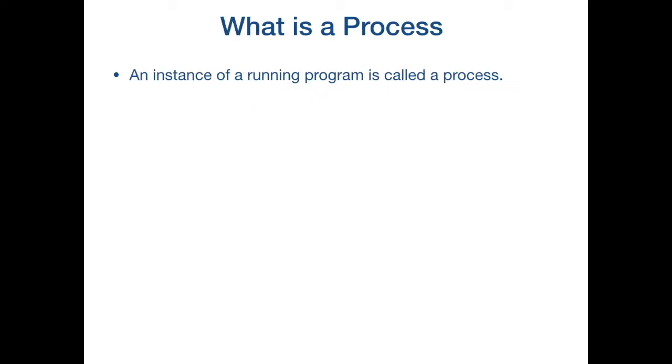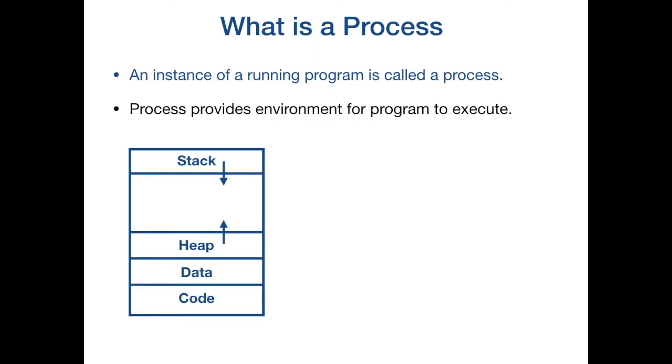Let us see what is a process. A process is an instance of a running program. A process gives an environment for the program to execute. When the program is executed, the operating system creates a process and allocates memory in the virtual address space.